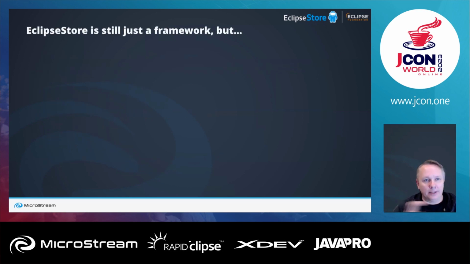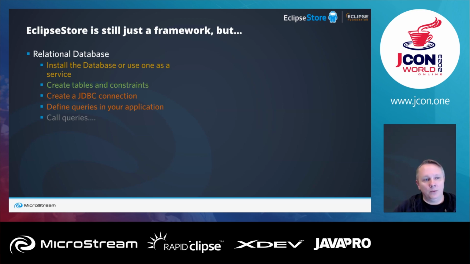But the biggest question was, EclipseStore is still a framework, and that's for sure. So how do we create a server out of it? How do we create something which runs on a server? We thought about a relational database. Let's imagine we have to install that database as a service, for example.